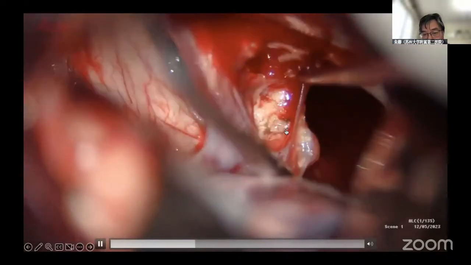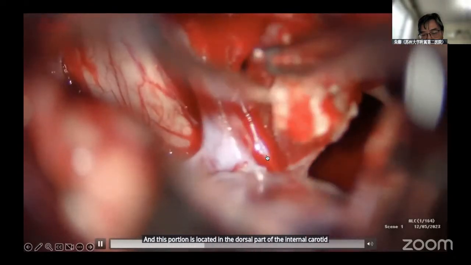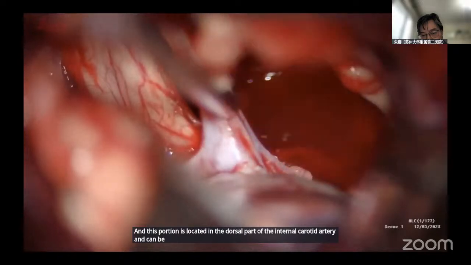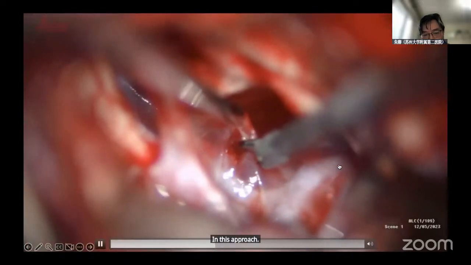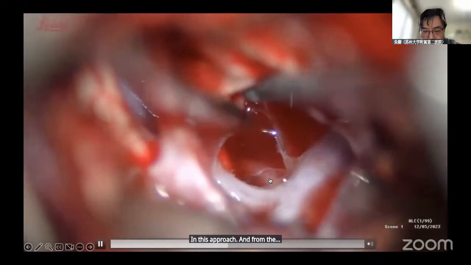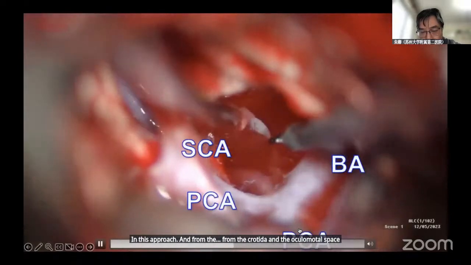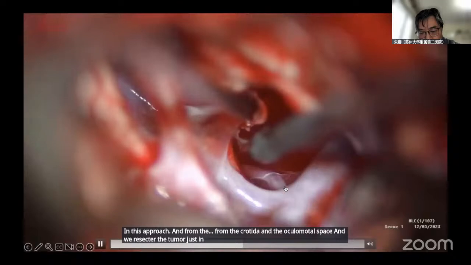This portion is located in the dorsal part of the internal carotid artery and can be safely removed in this approach. And from the carotid and oculomotor space, we resect the tumor just in front of the basilar bifurcation.